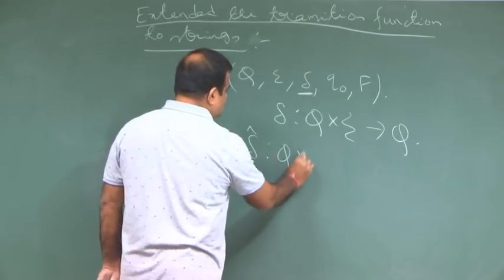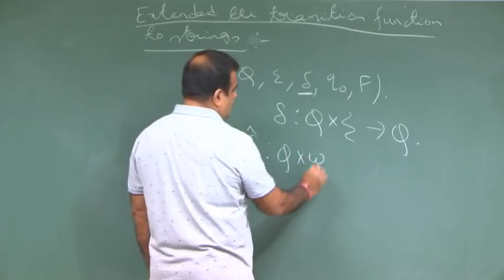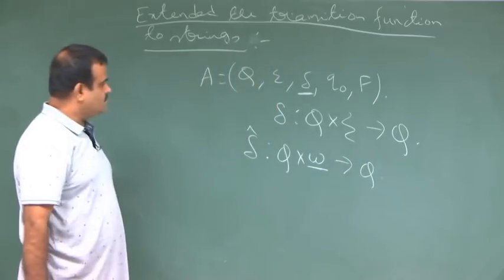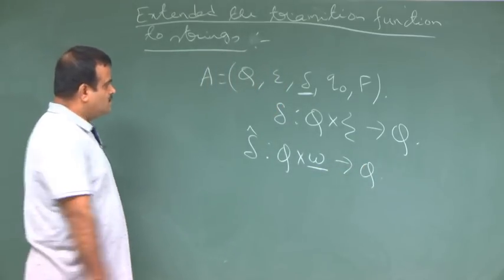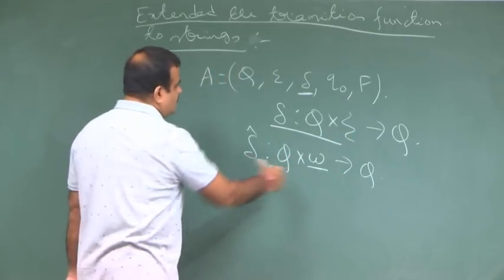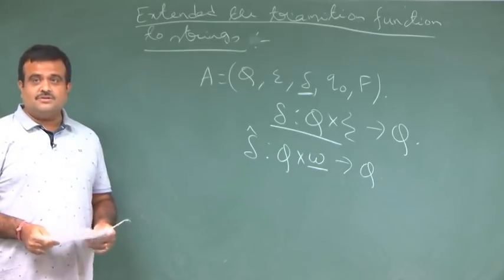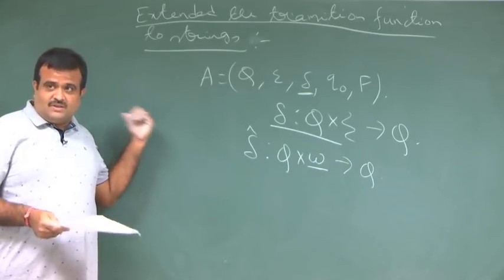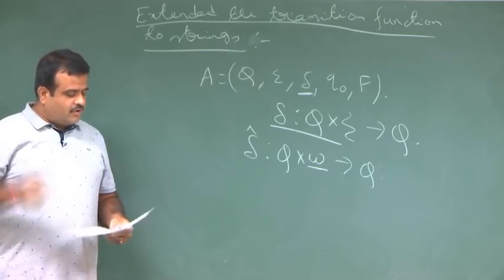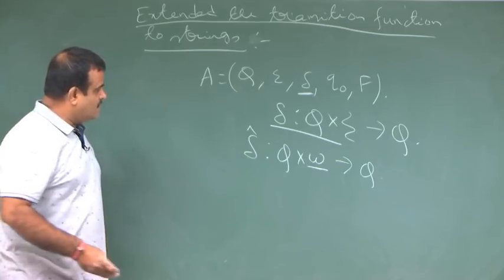So, this will take a string W and it will go to a state. Okay. So, this delta takes only one alphabet symbol, but this takes a string of alphabet symbols. We have seen this through one example. Now, we are going to define this formally.